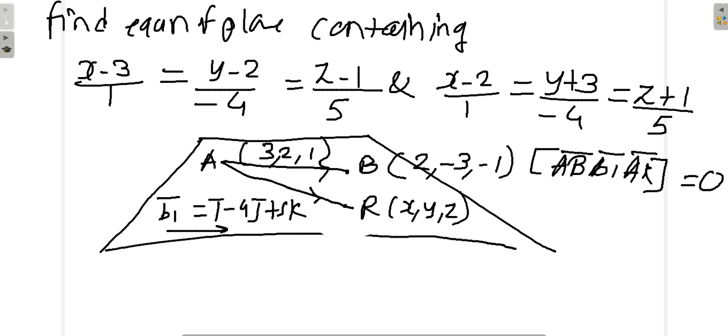So let us find AB bar here. What is AB bar? 2 minus 3, so minus i, minus 3 minus 2, minus 5j, and minus 1 minus 1 is minus 2k. Minus 1 minus 5 minus 2. You can also write it as 1 5 2. It will not make any difference. So now let us do the box product of AB bar, b1 bar, and AR bar.